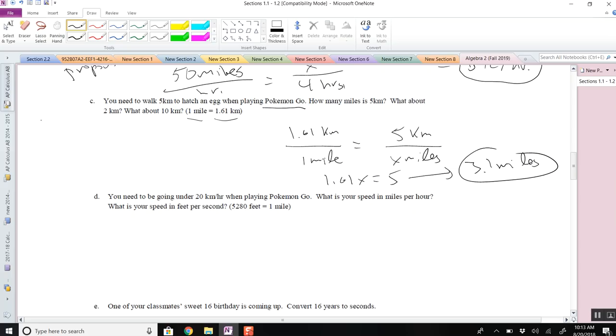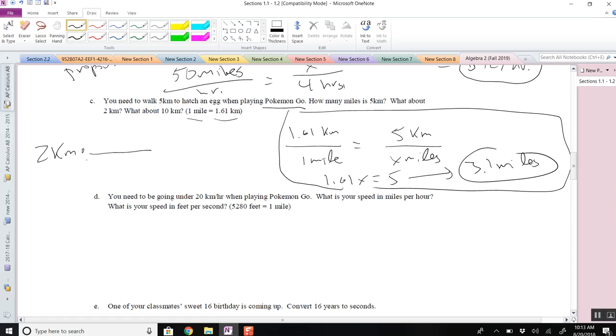Well, what about 2 kilometers? Now what you could do, instead of setting a proportion, if you don't like doing that, you could also multiply 2 kilometers by 1 mile for 1.61 kilometers. So I'm still dividing by 1.61, but just a little cleaner way of doing this.